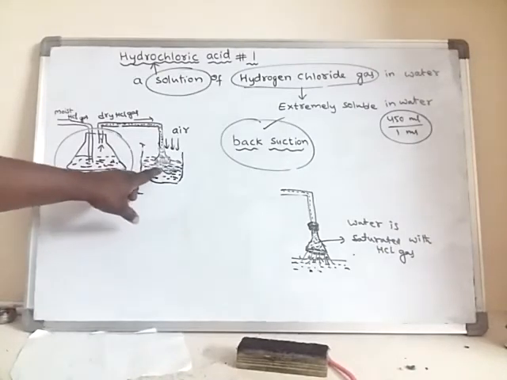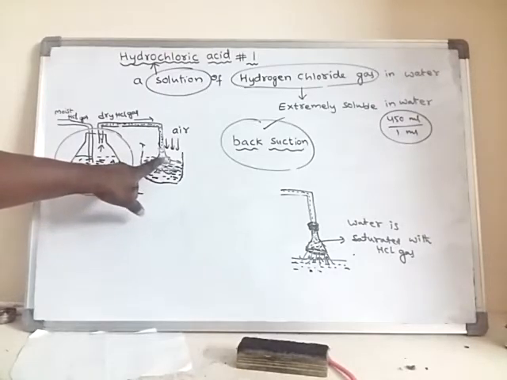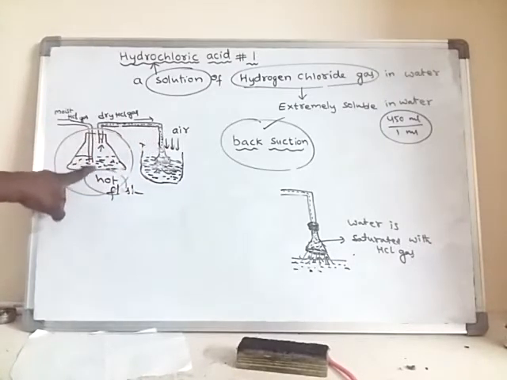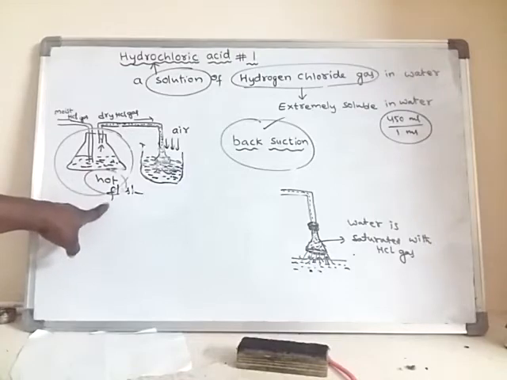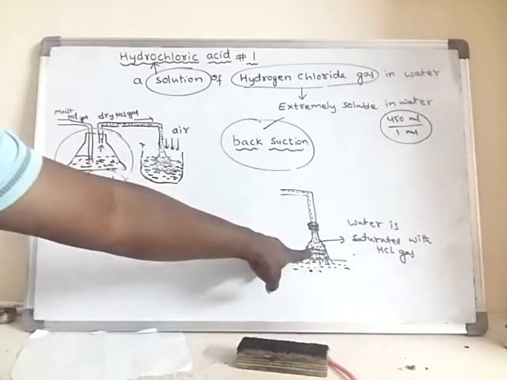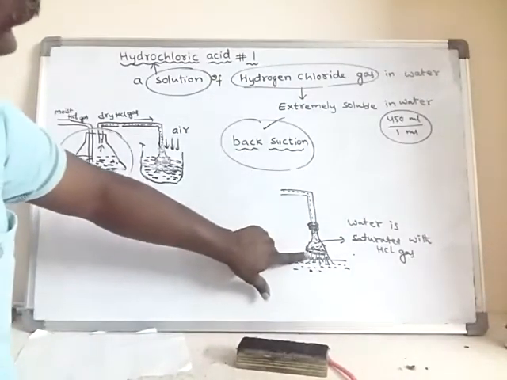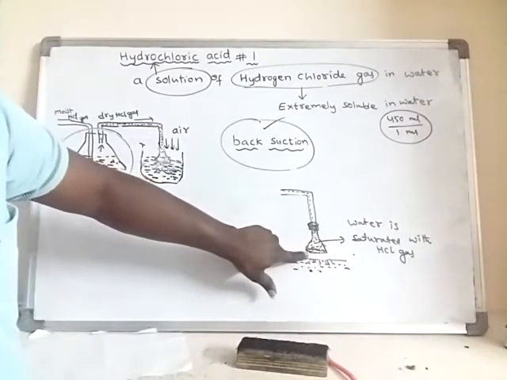Okay, so what is happening here? This water is not rising continuously into this funnel. If water were rising continuously into this funnel, that water would move and finally reach the hot flask. But due to the presence of this funnel, what is happening? An air gap is developed.